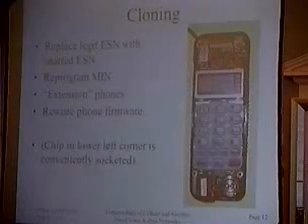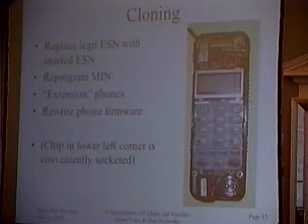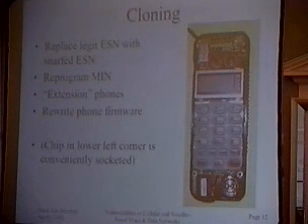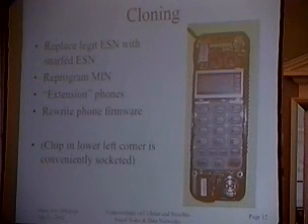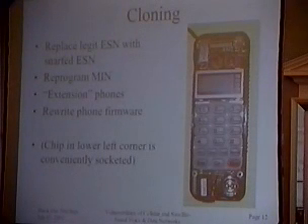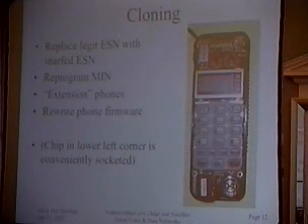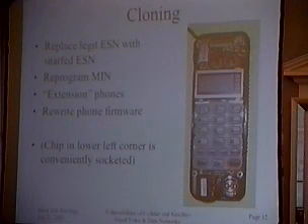All right, everybody's favorite is cloning. So you've been dumpster diving or you've been collecting these ESN MIN pairs. Now you've got to actually make them useful, either for yourself or selling these phones on the street. So what do you do with this? Well, you find a phone that you can get a lot of and that is easily hacked. So a lot of the phones early on had the ESN stored in what's known as EEPROM, or electrically erasable programmable read-only memory.